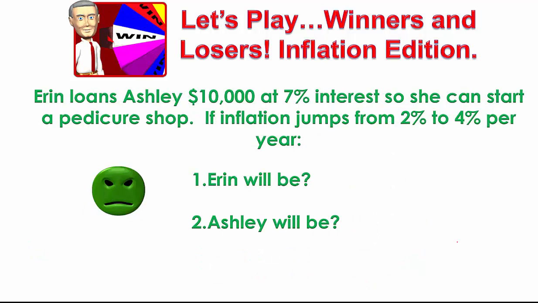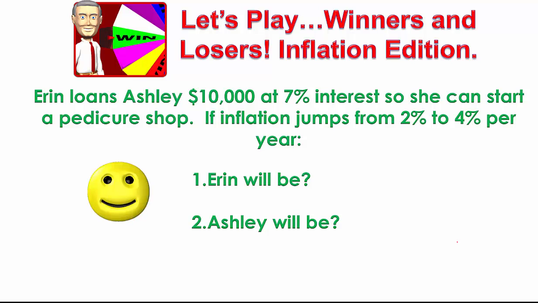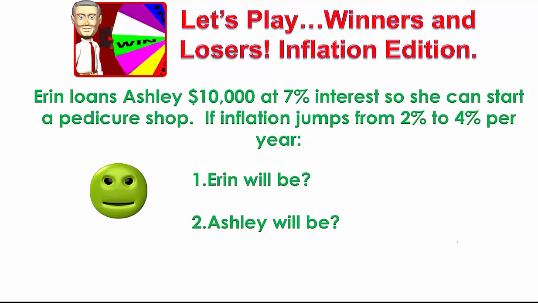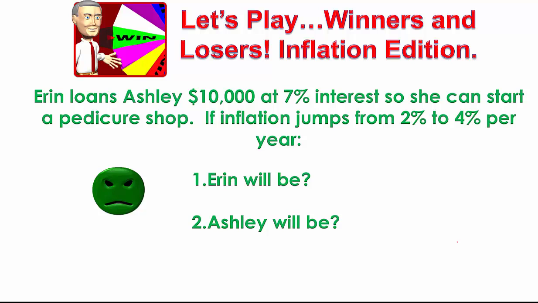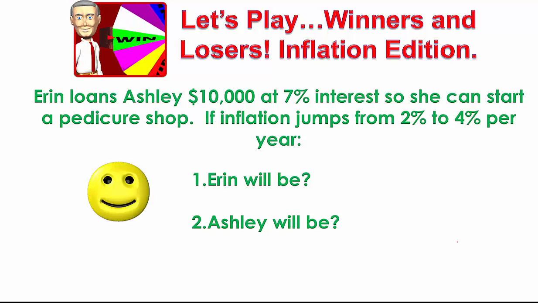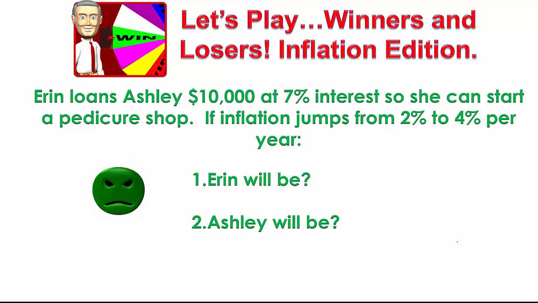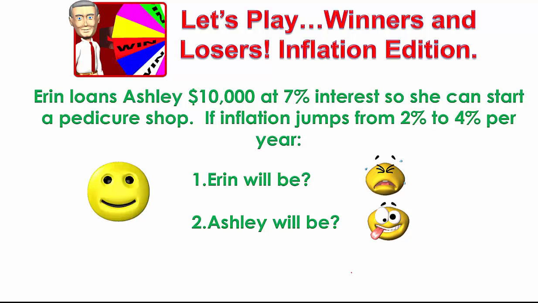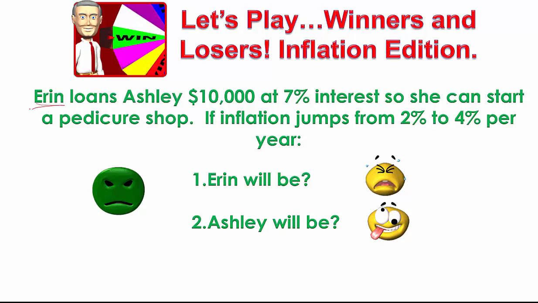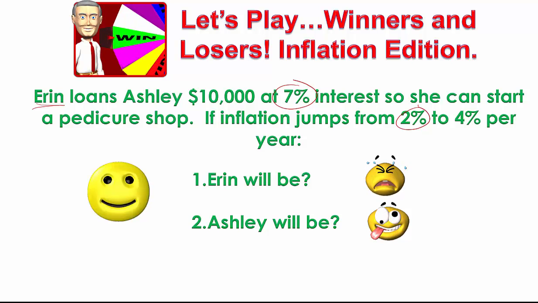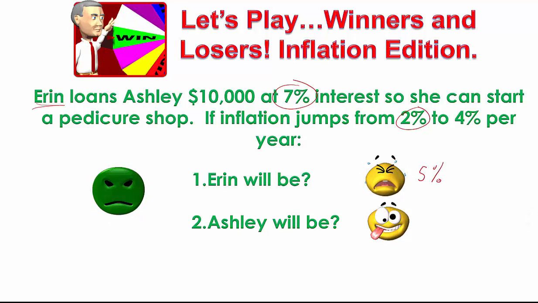Okay, do a couple more maybe. Erin loans Ashley $10,000 at a 7% interest rate so she can start a pedicure shop. If inflation jumps from 2 to 4% per year, who's going to be happy, who's going to be sad? So here's what we end up with. Here's what Erin was expecting to earn. She made the loan. So Erin was expecting to earn 7% minus 2% inflation, so she was going to earn a cool 5% real interest rate.